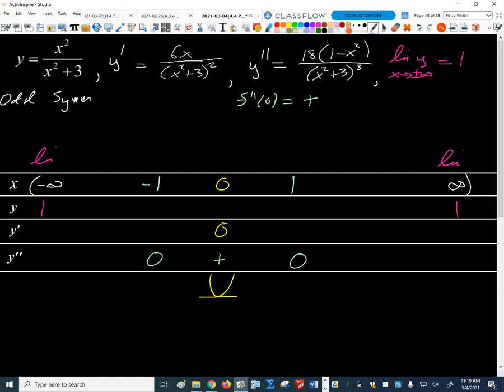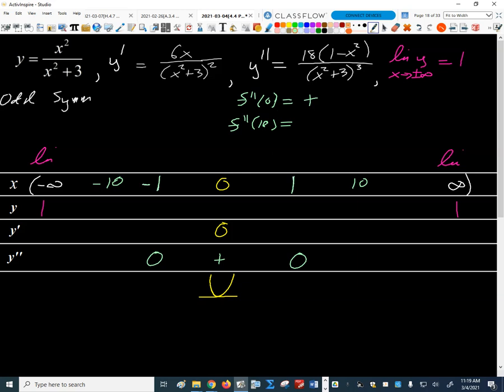So let's try a value like, what about negative 10? If I plug negative 10 in, positive or negative, please? Actually, let's do positive 10. I want to do positive 10. So f double prime of positive 10 is what? Positive or negative? Give me a plus or a minus.